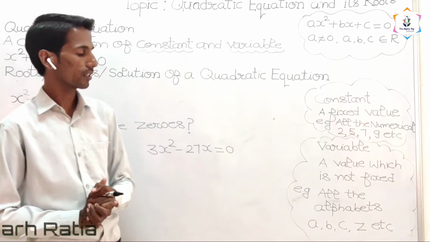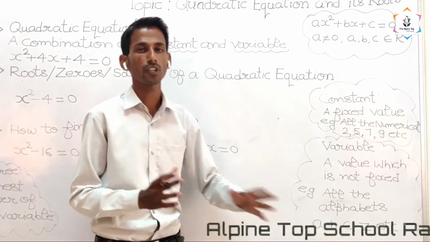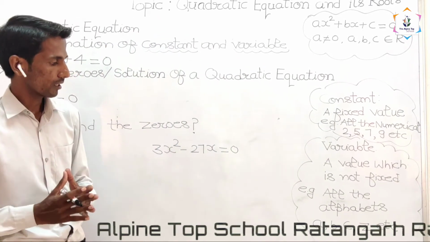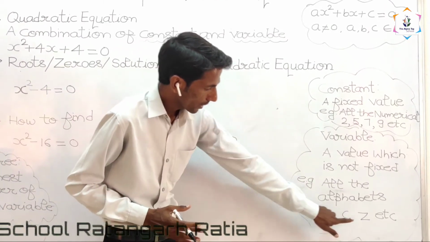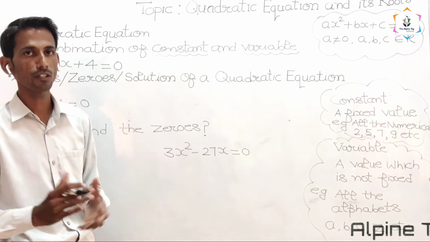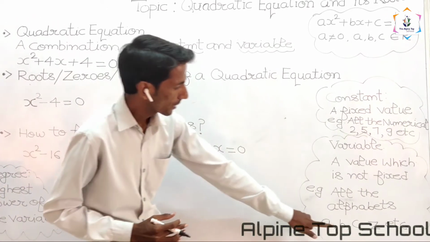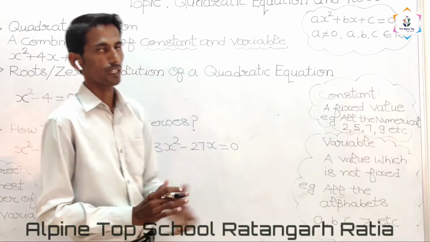What is the reason behind it? Because these variables do not have a fixed value. Up to this class you have seen these variables have many different values. That's why these alphabets are known as variables.